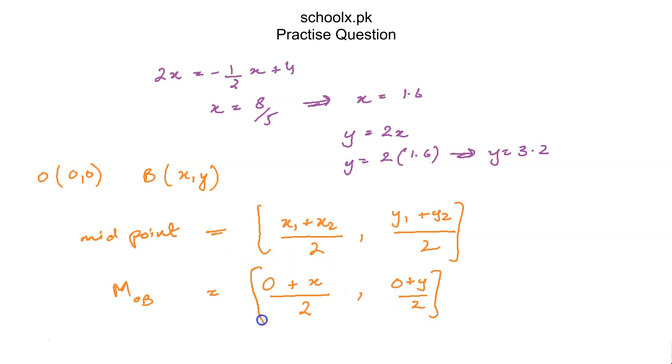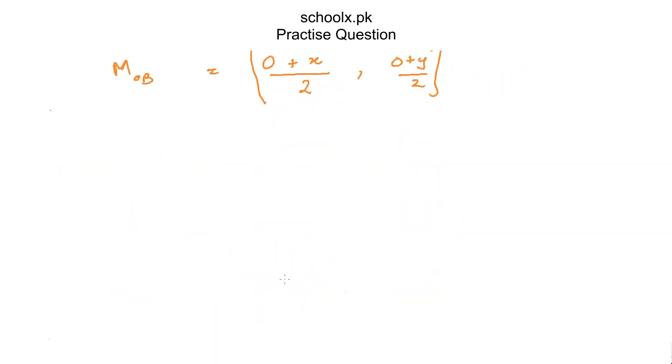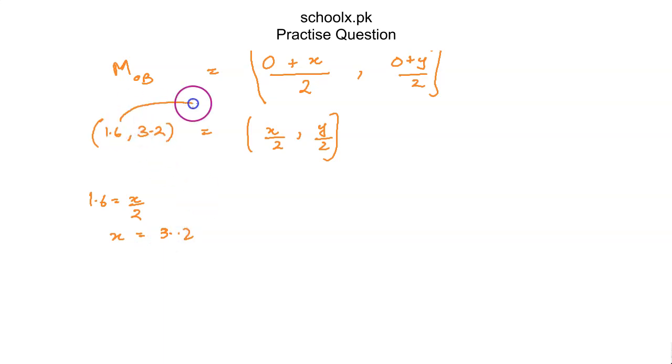And the midpoint was 1.6, comma 3.2. This was x by 2 and this was y by 2. So 1.6 equals x by 2, and x becomes 3.2, because this equals this, and this equals this.